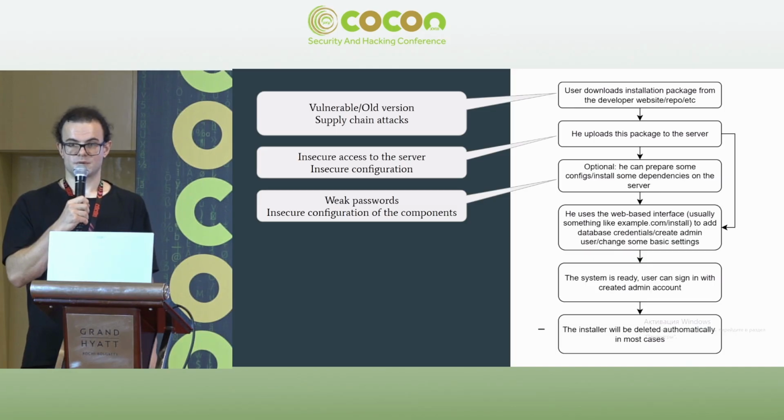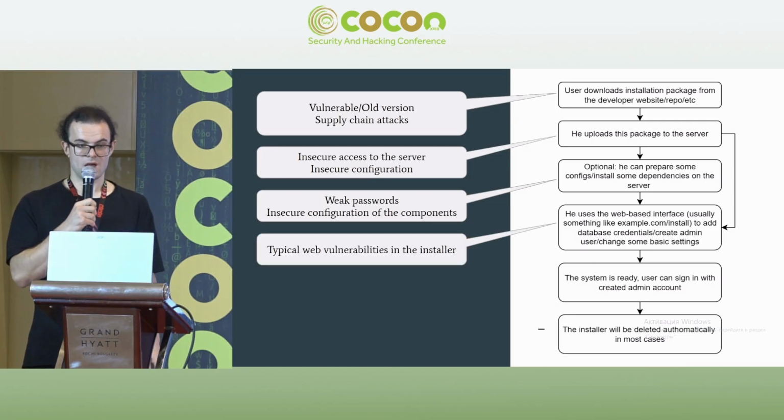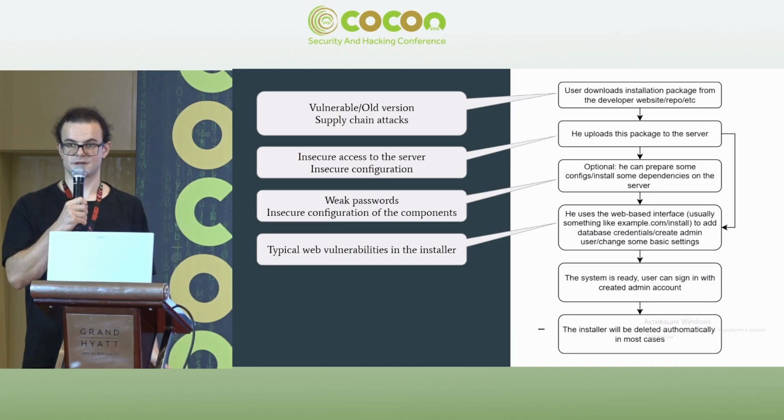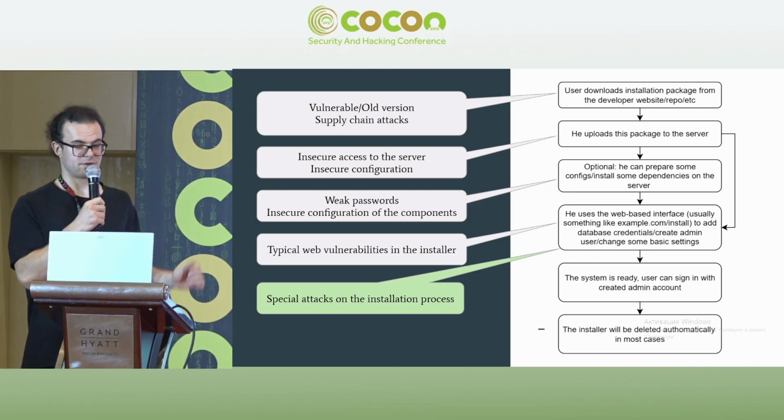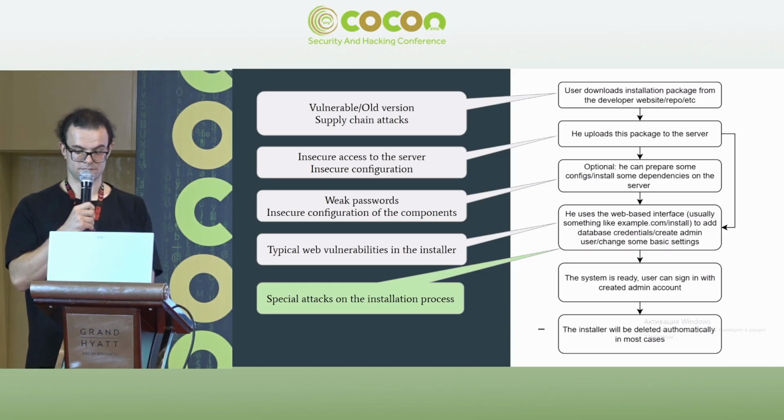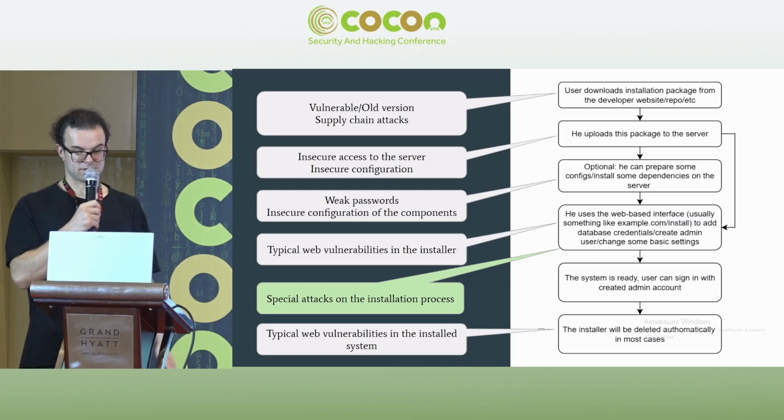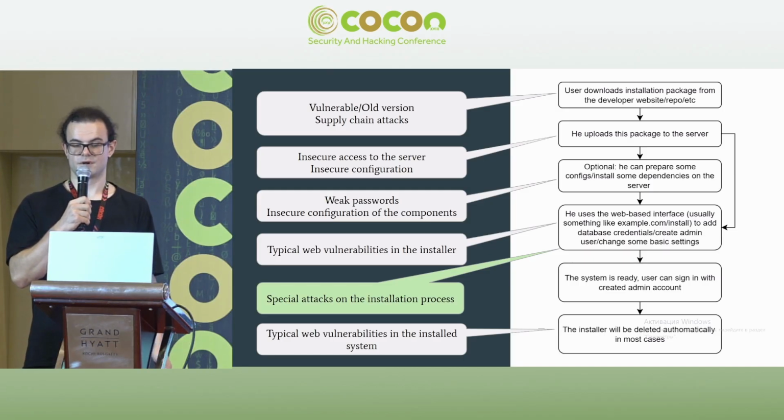Also, we have problems with weak passwords, and insecure configuration of components like databases, etc. And of course, we have typical web vulnerabilities in the installer, because the installer is a web application, so it can contain some SQL injection, some remote code execution, and something like this. And we have a specific type of problem, which is an attack on the installation process, which we will discuss today. And of course, we will have some web vulnerabilities already in the system after installation.